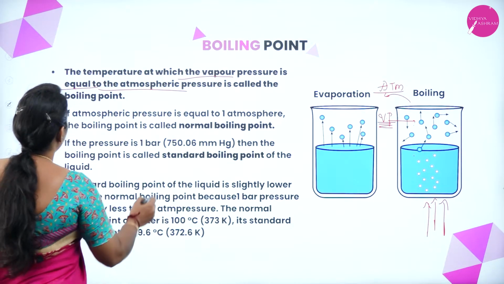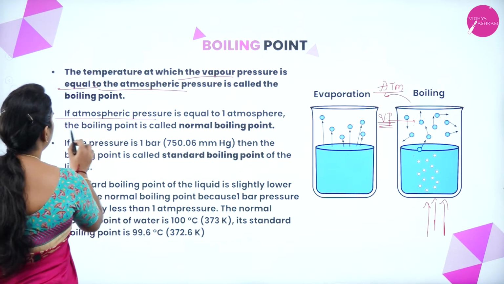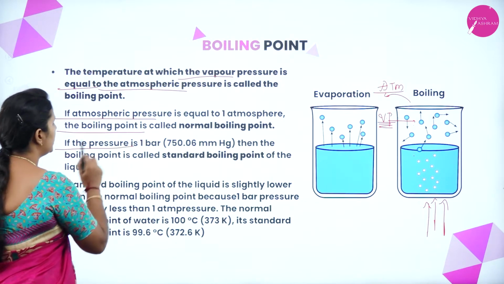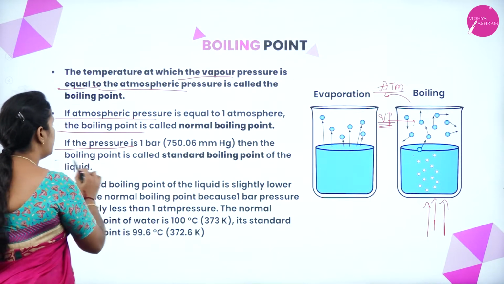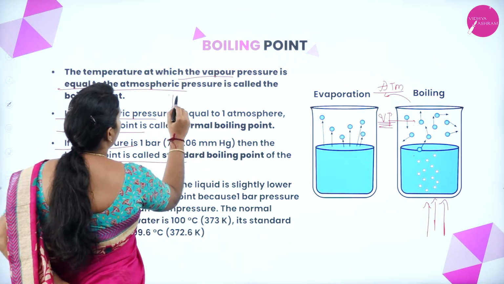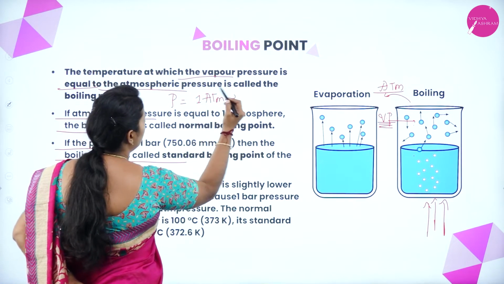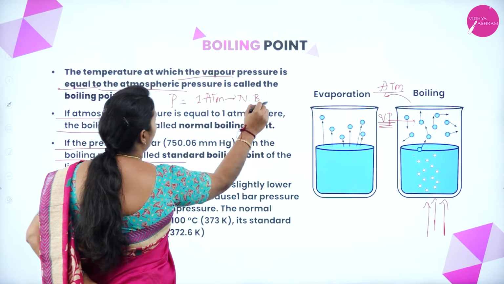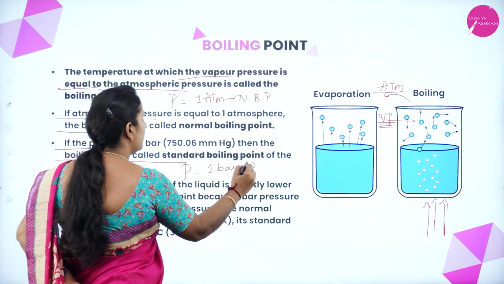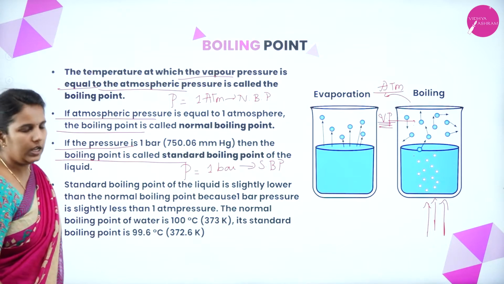And also, if the atmospheric pressure is equal to 1 atmosphere, then the boiling point is said to be the normal boiling point. If the pressure is 1 bar, then we say it is the standard boiling point.